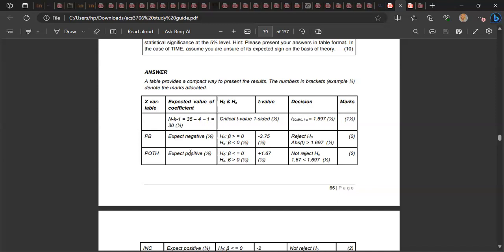So let's have a look now, because we are trying to evaluate the expenditure on housing. So what would be our expectation in terms of the relationship between the household income and the expected expenditure?